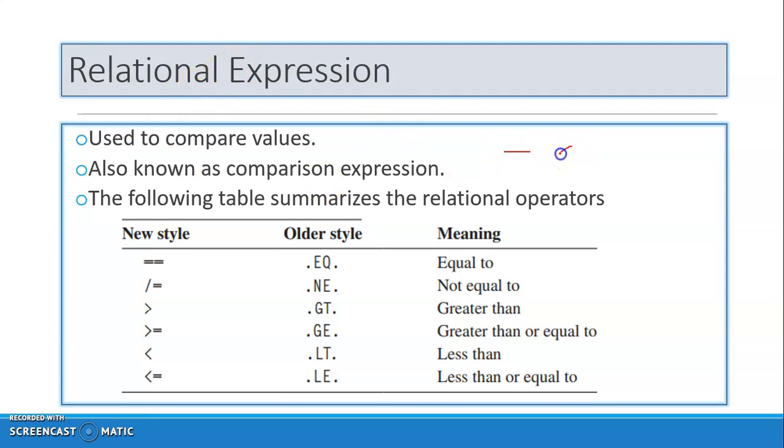For the multiplication it was a star, then a division, then we had 2 stars to represent the power. If we want to have an exponent, we are using 2 stars, etc. So these are arithmetic expressions.